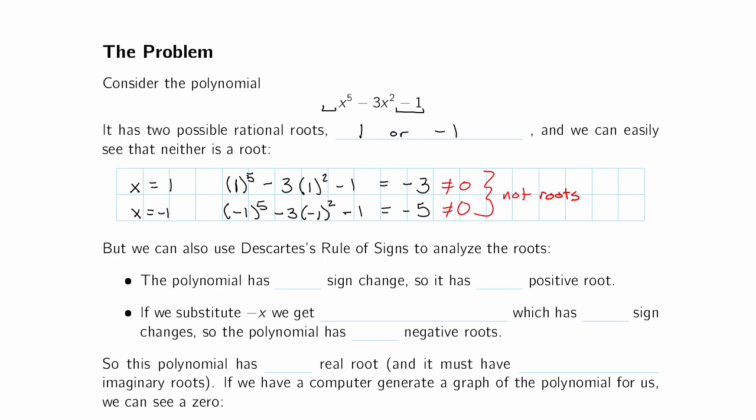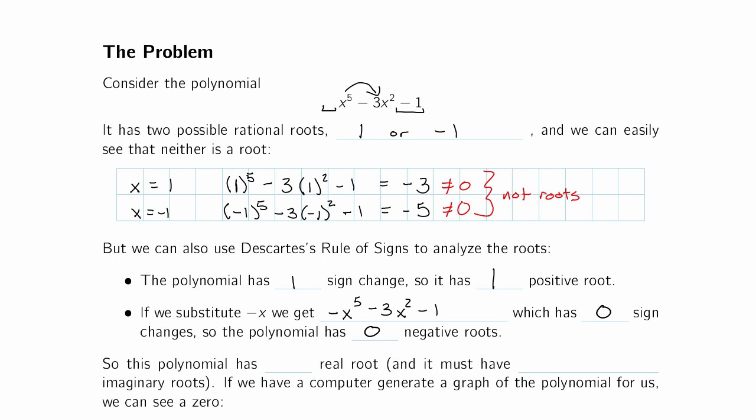On the other hand, if we analyze the signs, we see that this polynomial has one sign change right here. So it has one positive root. If we substitute -x, the only term with an odd power of x is this first one, which has no sign changes.